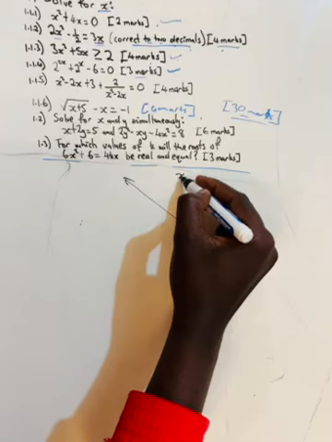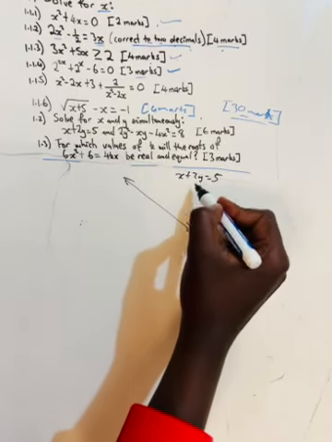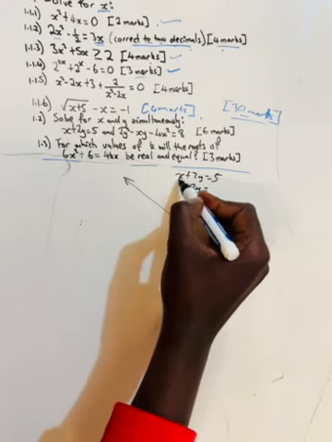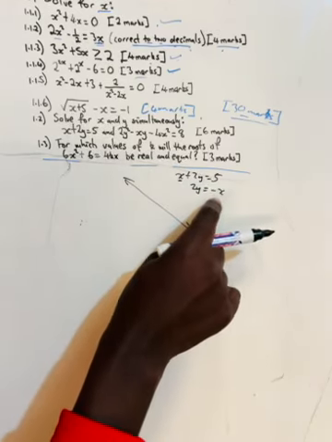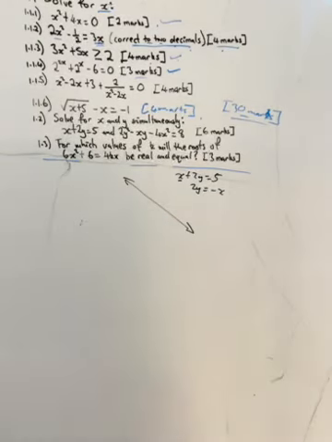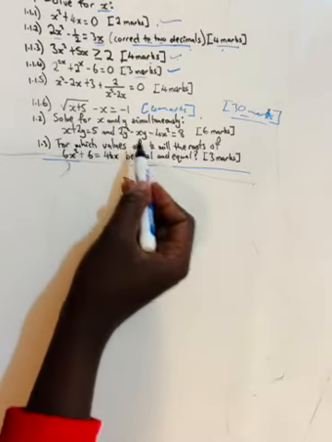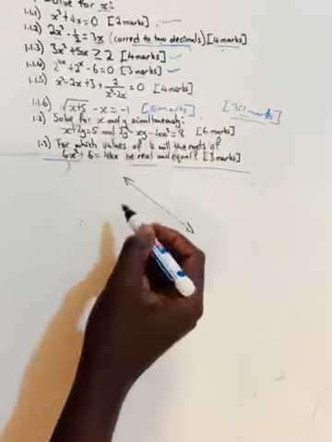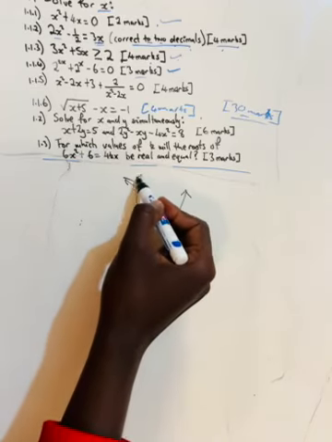Because when I've got x plus 2y is equal to 5, and I say 2y is equal to, and I transpose this, it becomes negative x. And the moment I've got a negative, it means the gradient is negative. This is the type of line that I have, right? And then I've got 2y squared. So the point which I want to make is whether this parabola looks like this.